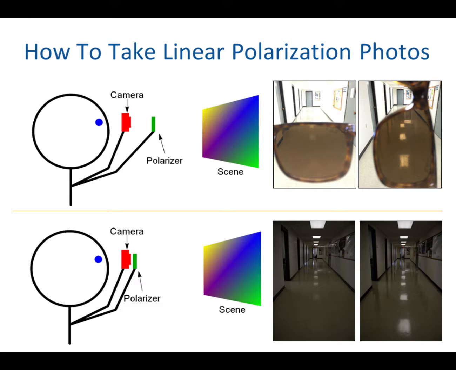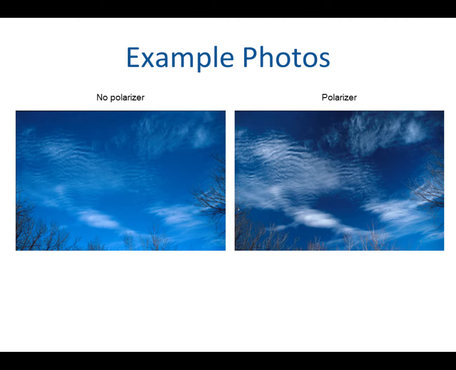But if you look at the bottom section, the polarizer is much closer to the camera, which is what you typically want to do, and then you get rid of the rims and you just get the effect of the polarizer in your shot.